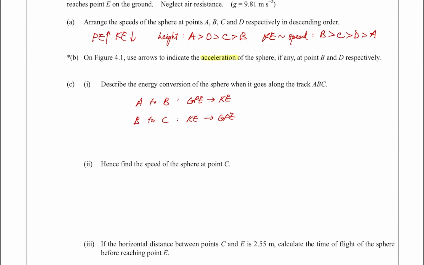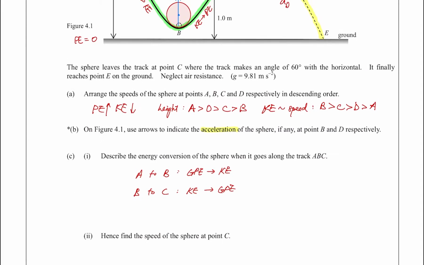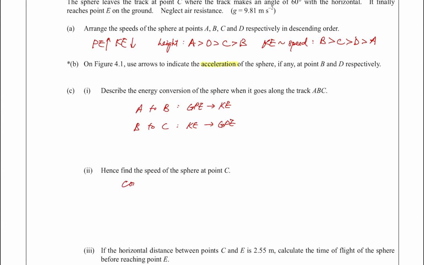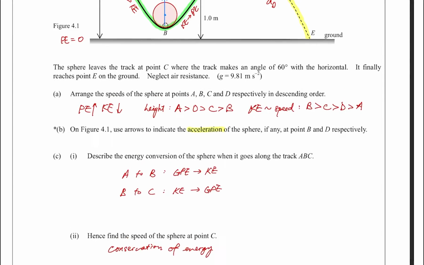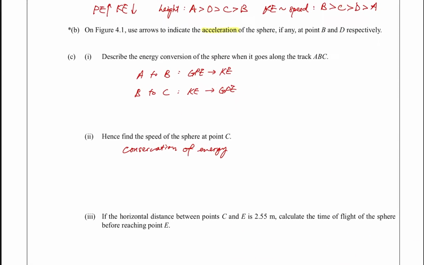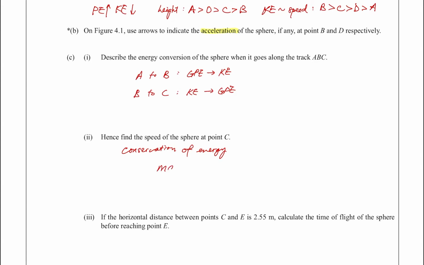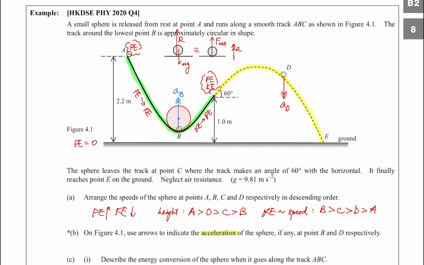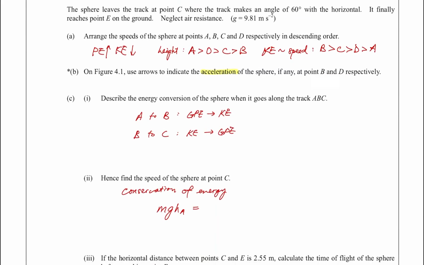So by conservation of energy, we can write down an equation. At A, we have PE given by mgh. And then at point C, we have the PE given by mgh and KE given by half mv squared.